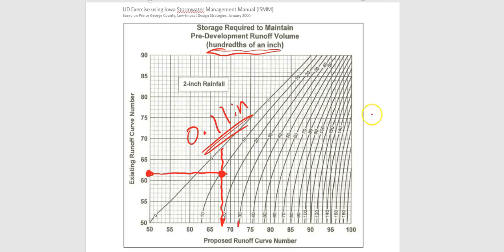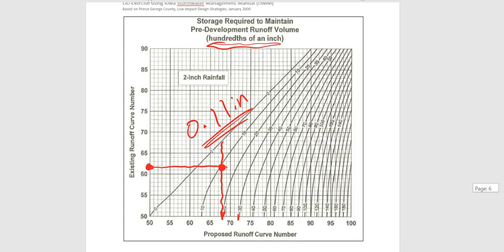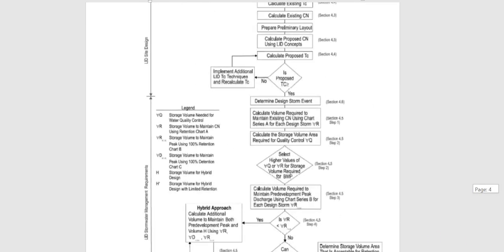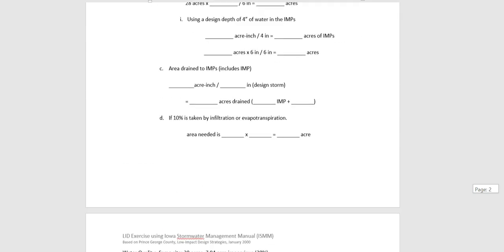In other words, according to this method, that's the amount that we have to store to make up the difference between the pre-development 62 curve number and the post-development 68 curve number. So this is the number we've been getting at before. This is a little different way to get at it.